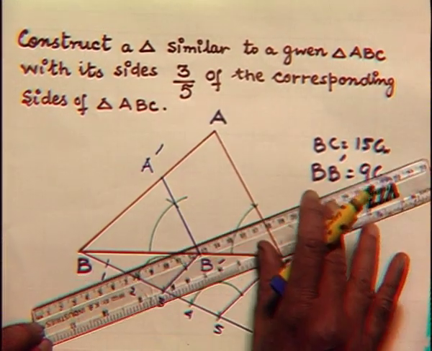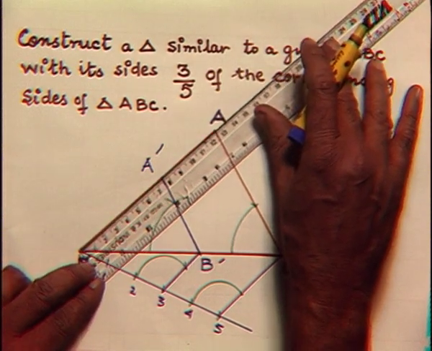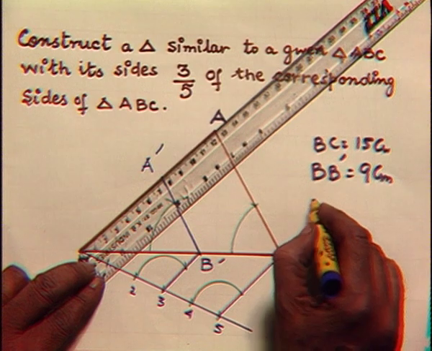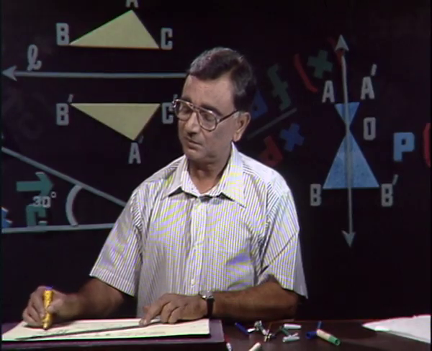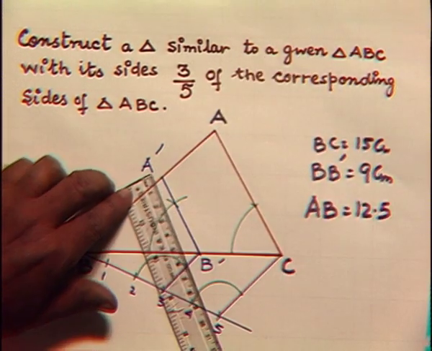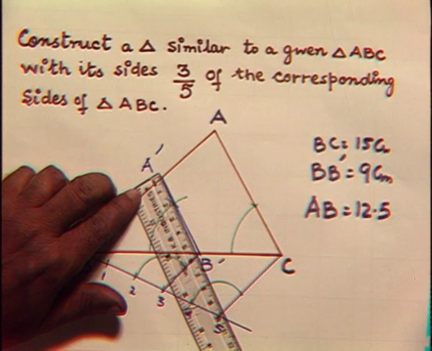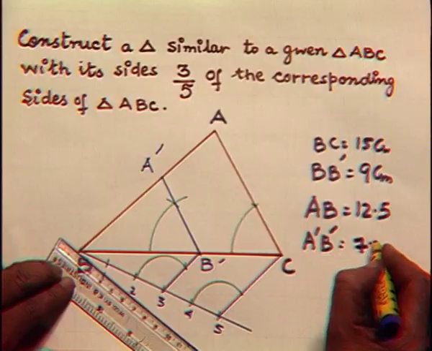Similarly, if you happen to see this side, AB is 12.5 and this is A dash B 7.5.